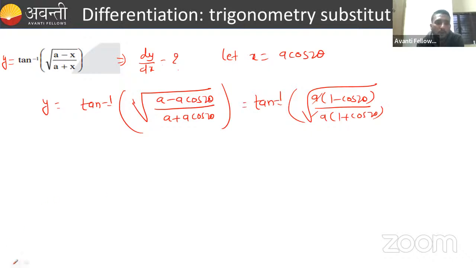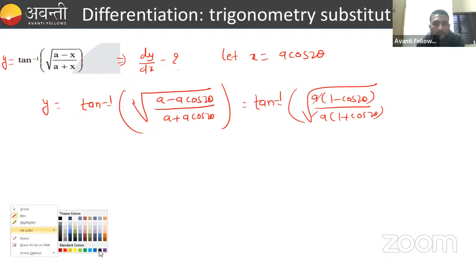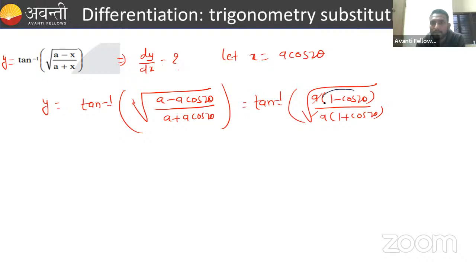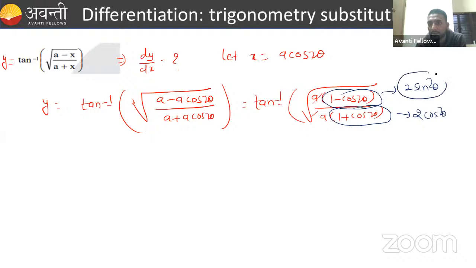I hope you all know this very famous formula: 1 minus cos 2 theta is 2 sine square theta, and 1 plus cos 2 theta is 2 cos square theta. Just like 1 minus cos theta and 1 plus cos theta, it is the most used formula in the history of trigonometry. You can say if it is CSK, this is RCB.